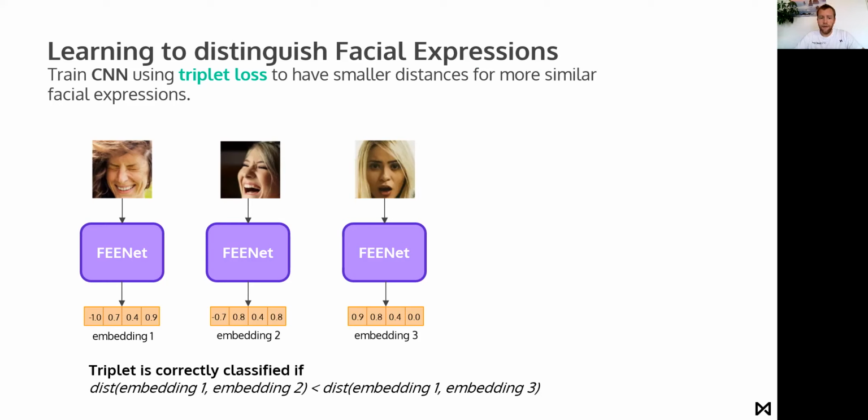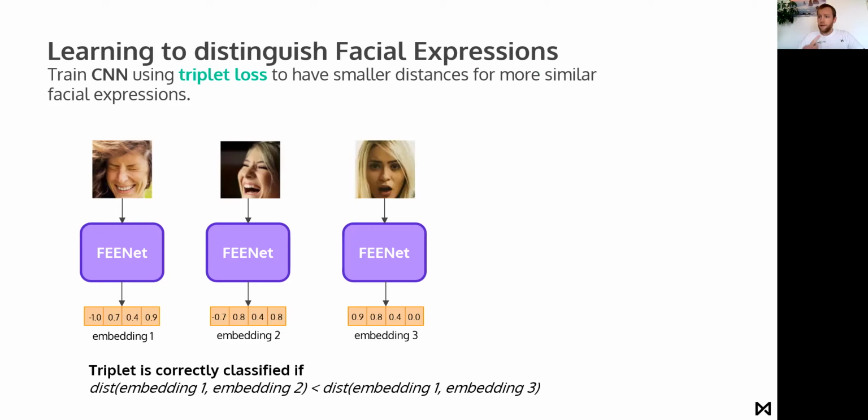And in the training, we basically say, if the distance between the two facial expressions that are more similar is larger than they are to the third expression, which is more dissimilar, then we actually adjust the weights in our network just a bit, so that the next time when we have a triplet that looks similar, we basically have a better prediction.